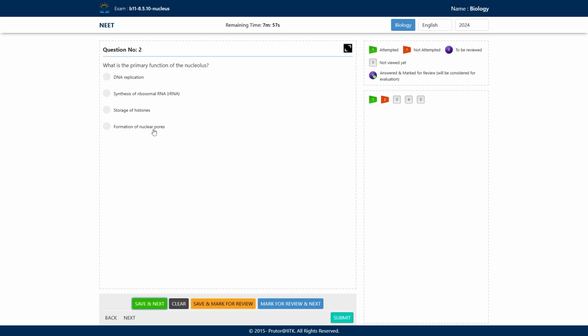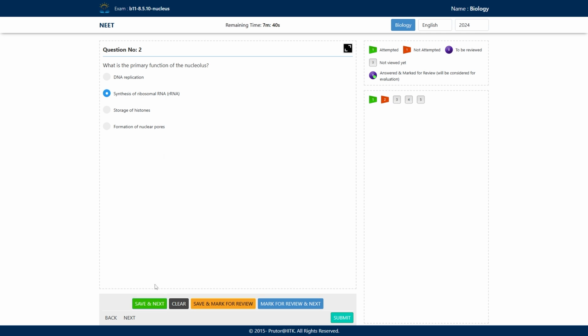Here the correct answer will be option number B, synthesis of ribosomal RNA. This is done within the nucleolus. So option number B is the correct answer.